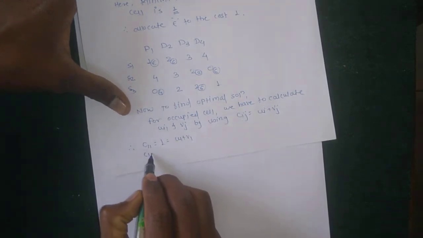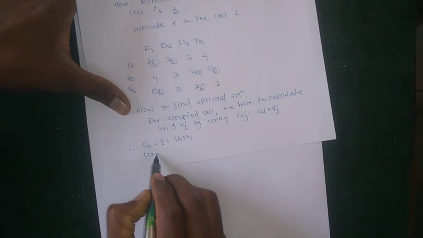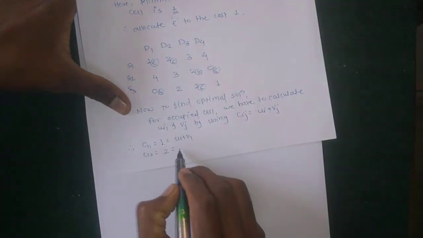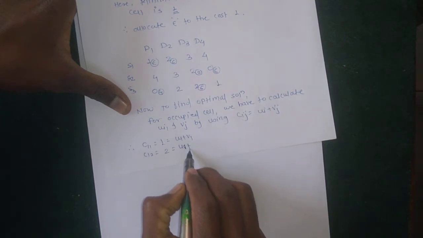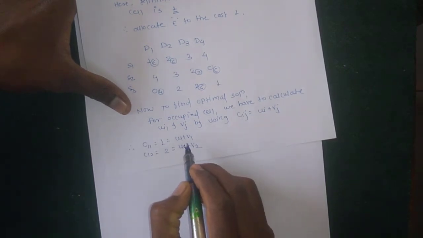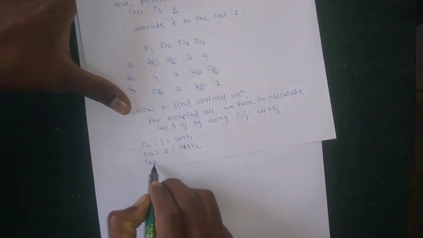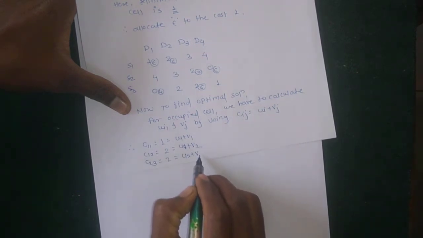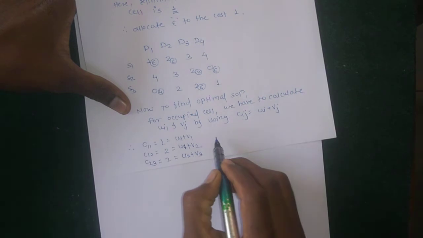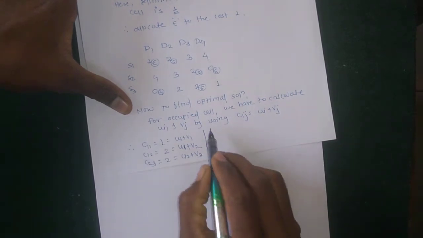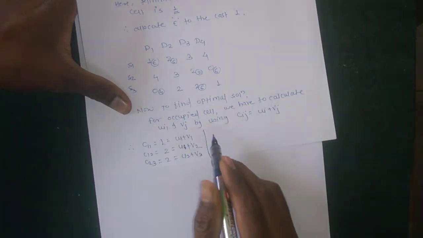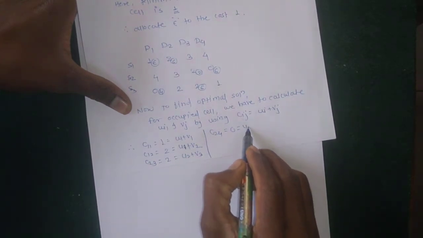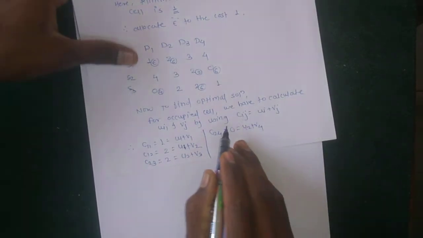Then C12, its value is 2, equal to u1 plus v2. Then the next allocation is C23, its value is 2, equal to u2 plus v3. Then C24 is 0, equal to u2 plus v4.